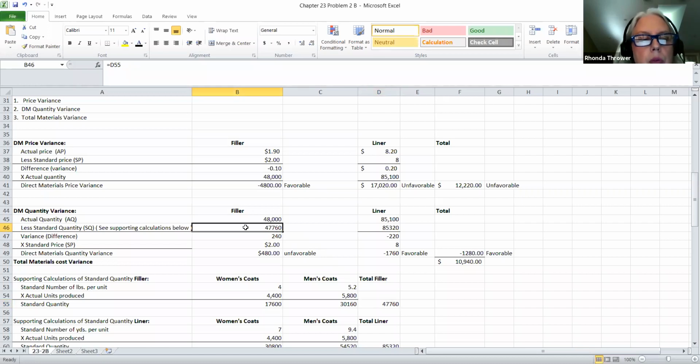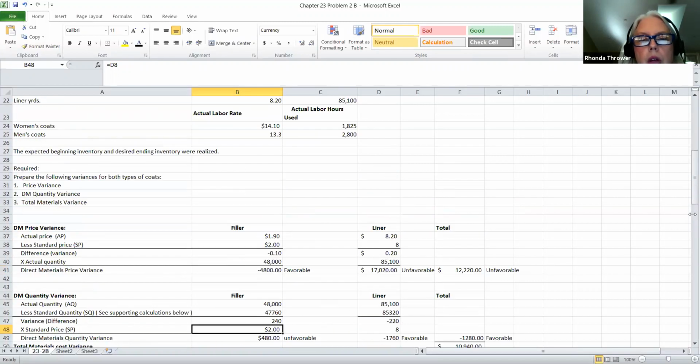And then you can move on with your direct materials quantity variance by comparing the actual to the standard. We used more materials than we budgeted for by 240 pounds. We're going to multiply that by the budgeted price for this filler, which is $2.